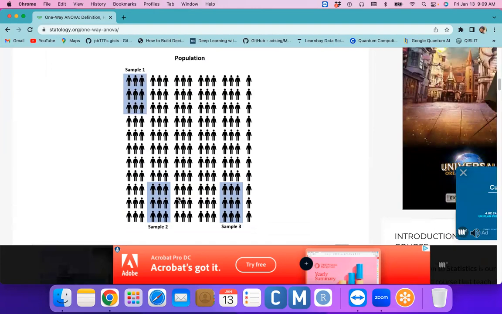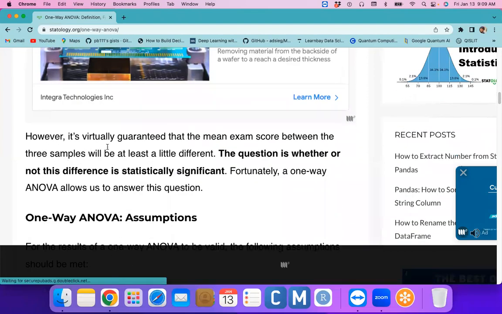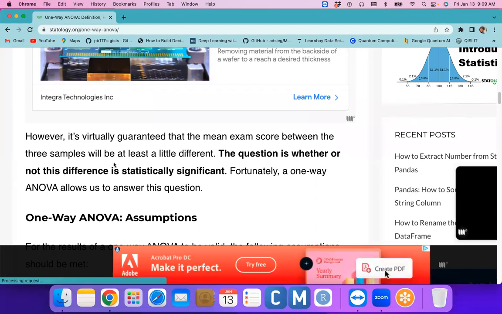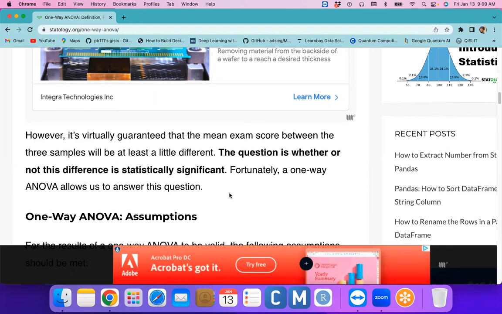This is sample 1, this is sample 2, this is sample 3. However, it is virtually guaranteed that the mean exam scores between the three samples would be at least a little different. The question is whether or not the difference is statistically significant.